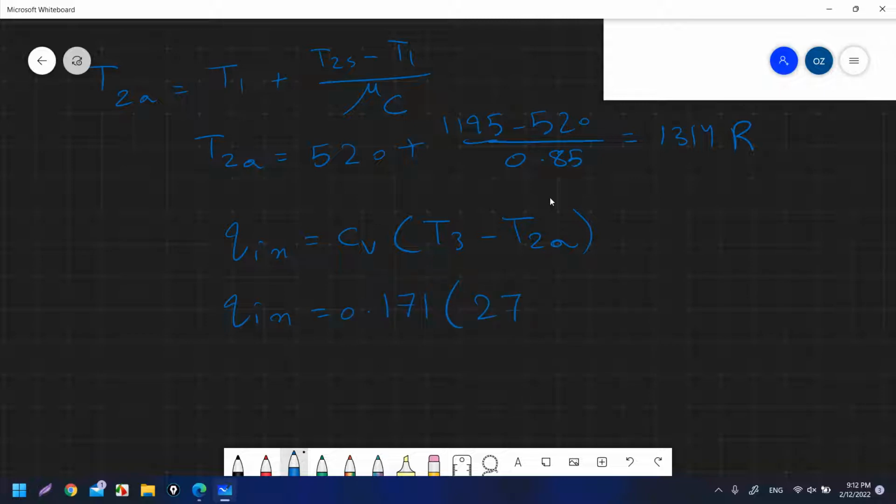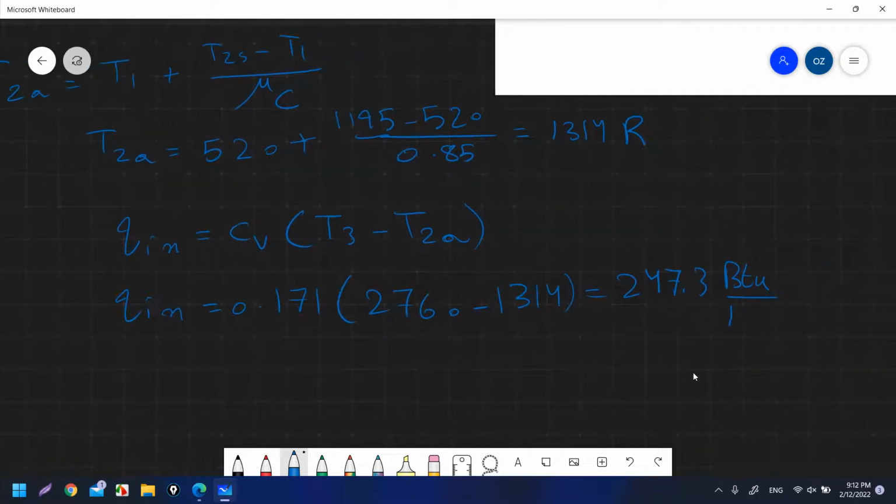T3 is 2760 minus 1314, which will give you 247.3 BTU per pound mass. BTU is like kilojoule, and pound mass is like kilogram. Don't care about the units; we are focusing on the idea of the isentropic efficiency and the actual cycle.